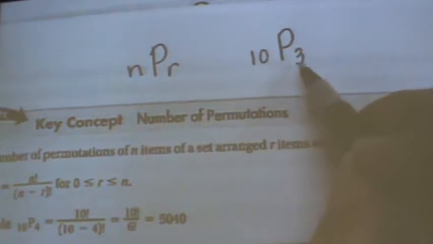So 10 runners taken 3 at a time. The formula is n factorial over n minus r factorial. So you're gonna do 10 factorial over the difference of these, 10 minus 3, which is 7. So it's 10 factorial over 7 factorial.